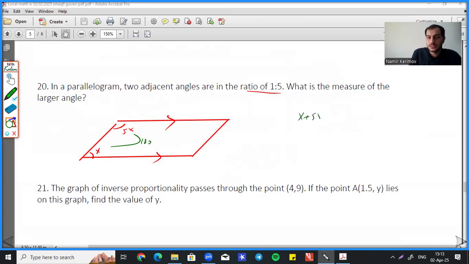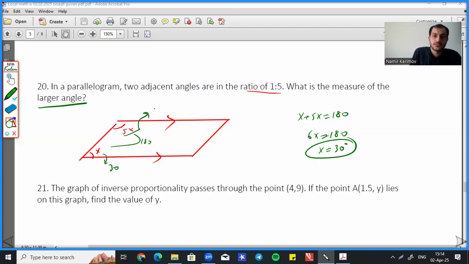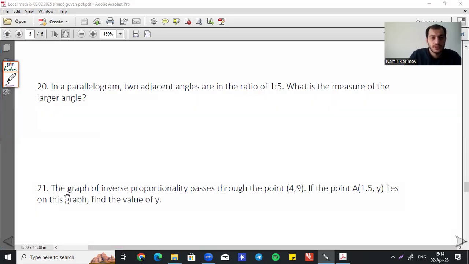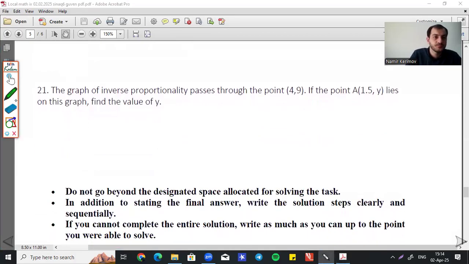So x plus 5x equals 180. 6x is 180, so x is 30 degrees. The question is to find the measure of the larger angle. If the smaller one is 30, the other one should be 5 times 30, which is 150. So the answer is 150 degrees. That's it.